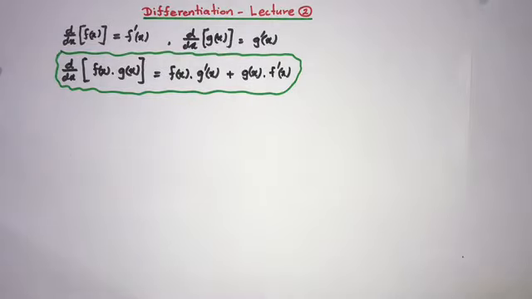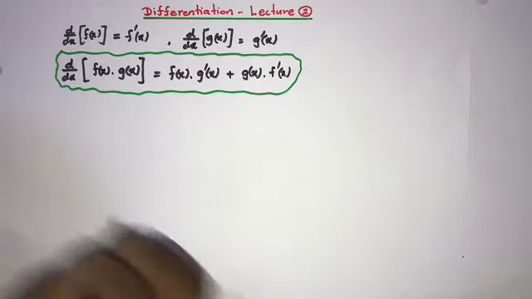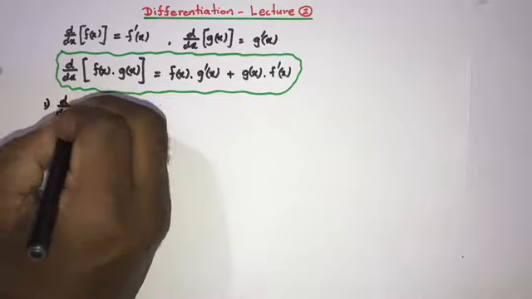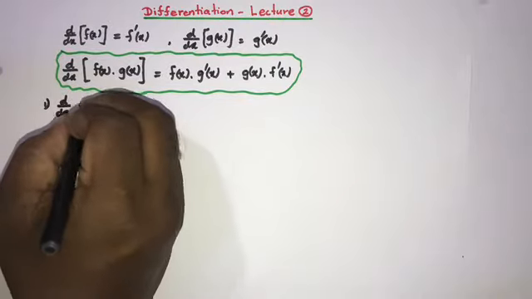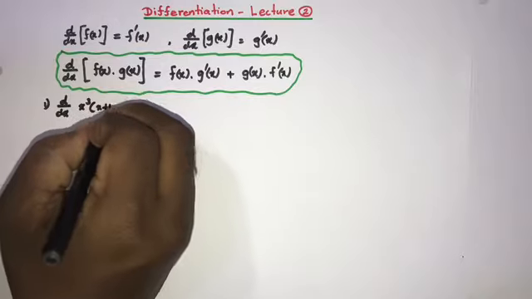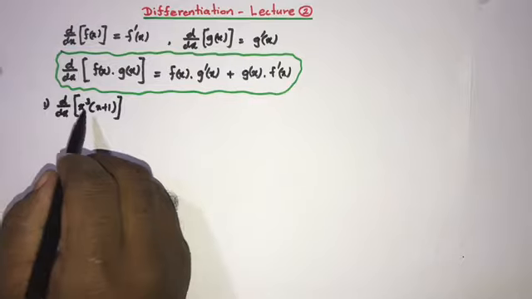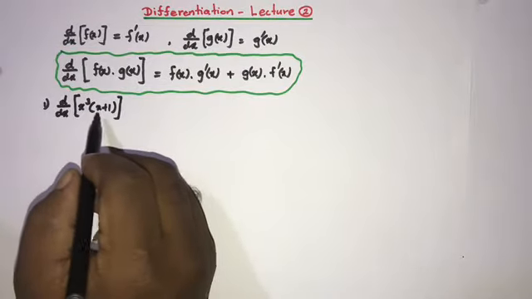Okay, now let's take some examples. So first one, d by dx of x to the third power times x plus 1. Now we have to differentiate the product of two functions, x cube times x plus 1.